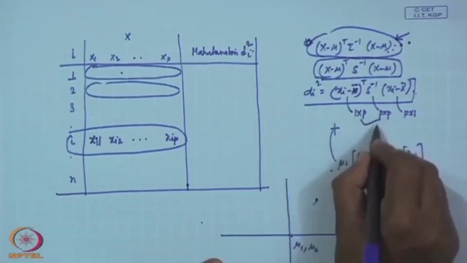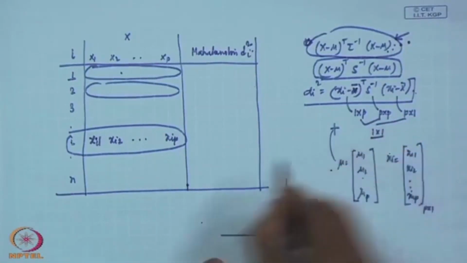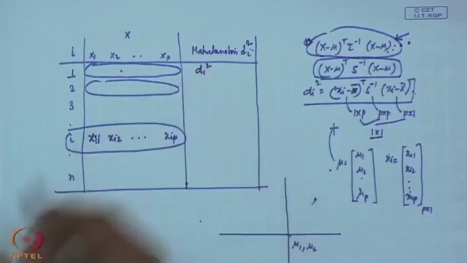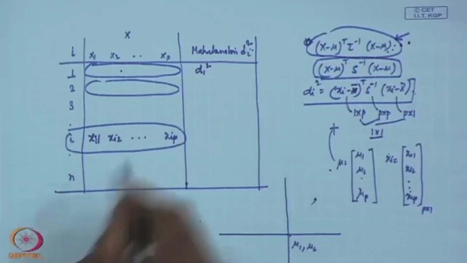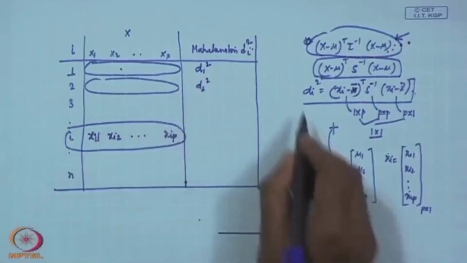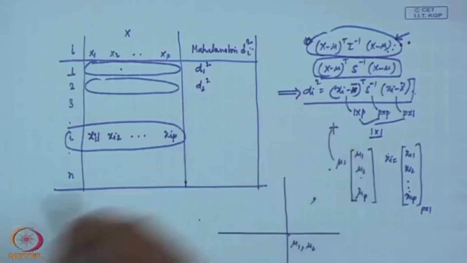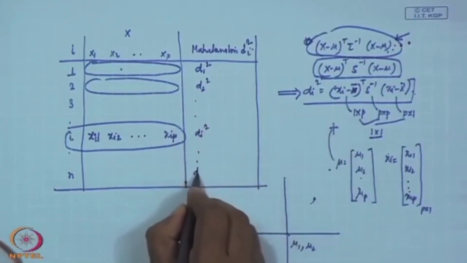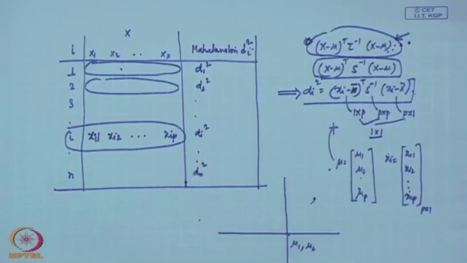So, resultant will be 1 × 1. So, you will be getting a value, suppose this is d_1². For the second one, you calculate d_2², same formula. Like this, you will be getting d_i², then d_n².